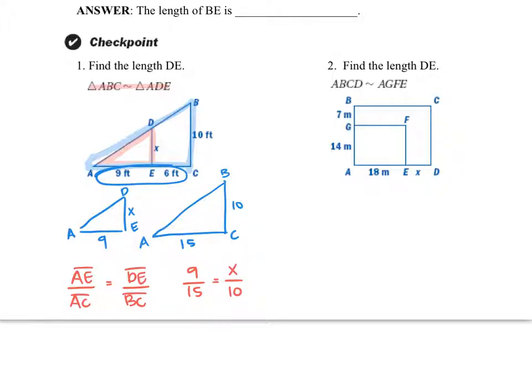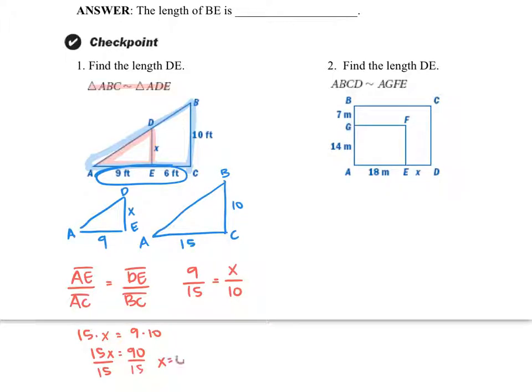And now I can use cross products to solve. So I have 15 times X equals 9 times 10. So 15X equals 90. And then I divide each side by 15.